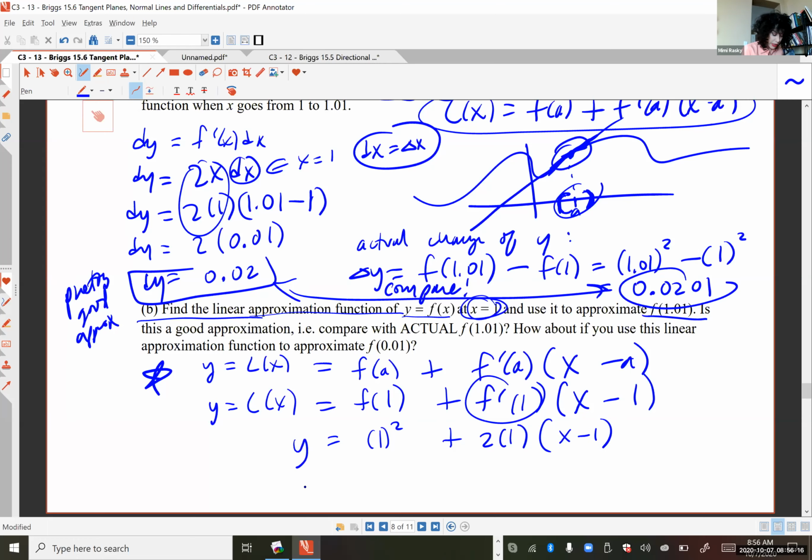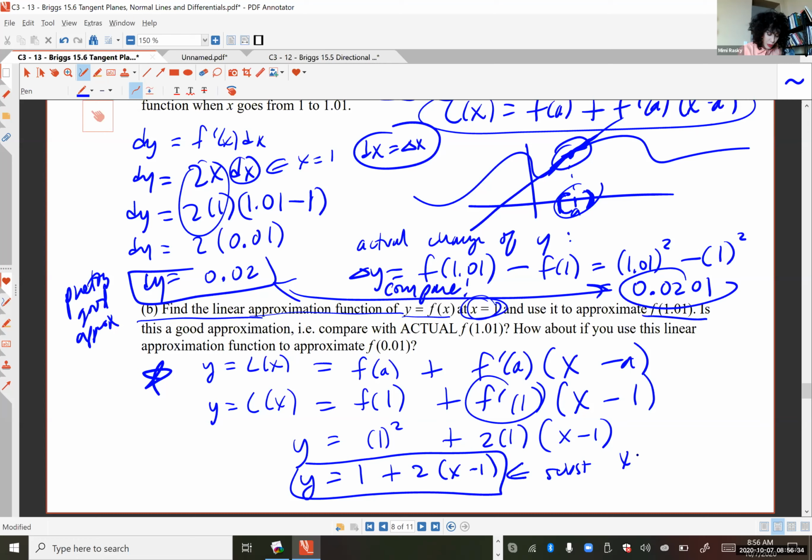So your approximating function that you can use for any value of x, although it's preferable if you stay close to x equals 1, because otherwise the tangent line doesn't work as a really good approximation for the function. And now if you substitute x equals 1.01 into this tangent line equation, what do you get? You get that y is equal to 1 plus 2 times 1.01 minus 1.